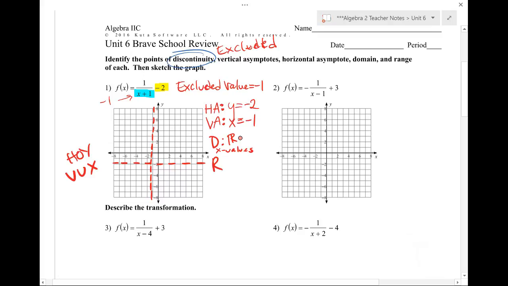Because when we draw our actual line or function, the x can be any number except for one value. So in this case, it's going to be all real numbers, and that's why I drew the R with the line, except for the value that is the same as our vertical asymptote, this -1.